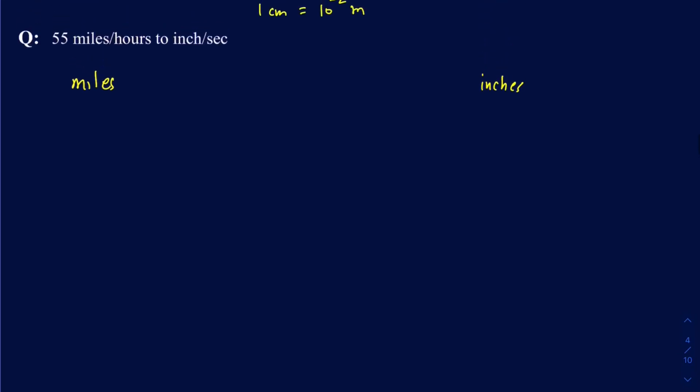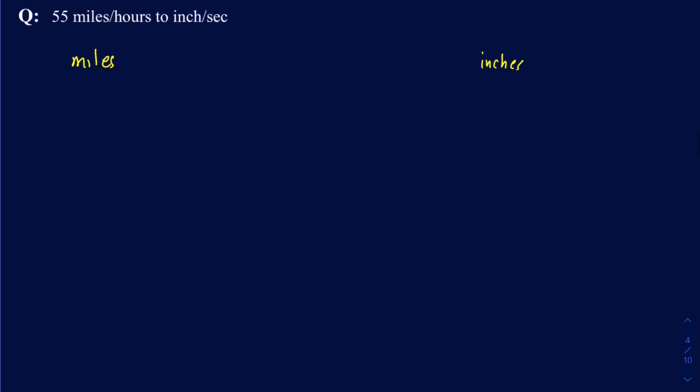So in the first one, miles needs to be converted to inches, and we got to fill up the gap in between. And then the second is hours needs to be converted to seconds.